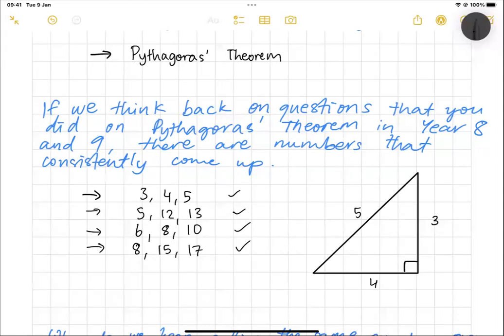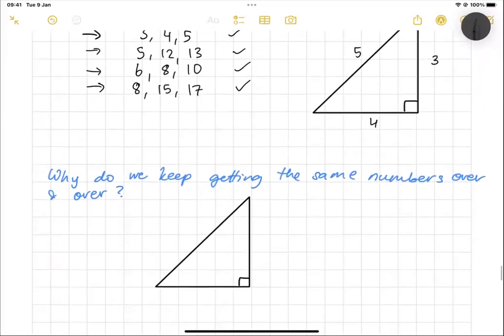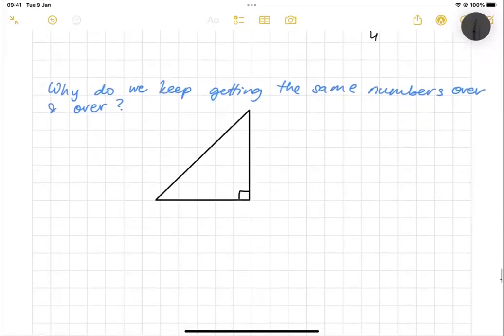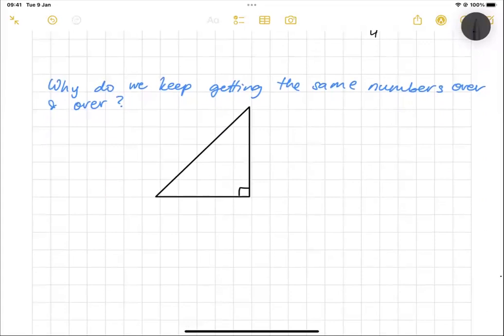Now, the reason why we keep getting the same numbers over and over again, right? Let's say I've got this length here as 3, and then my bottom or my base length of this triangle is 6. And I want to find, using Pythagoras' theorem, the hypotenuse.